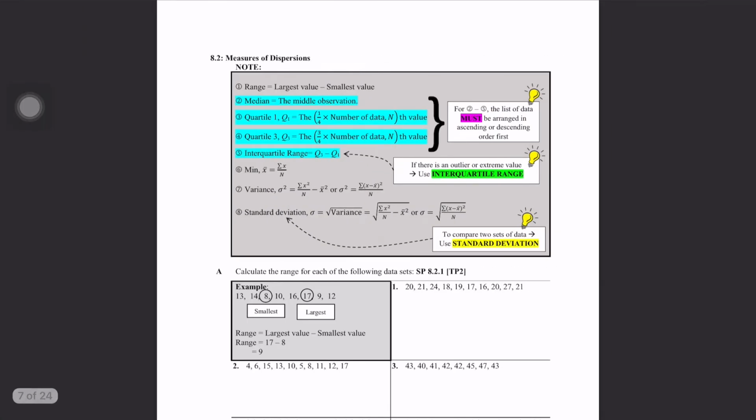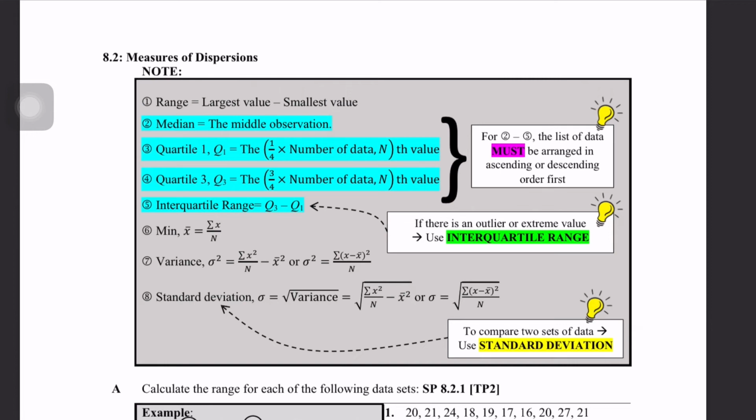Next, kita tengok 8.2, measures of dispersion. So macam tadi kita dah sepahkan data kan. Sekarang kita nak kira sebesar mana serakan itu. Nak mengira serakan data itu tadi. So from this note, let's have a look at this note first.